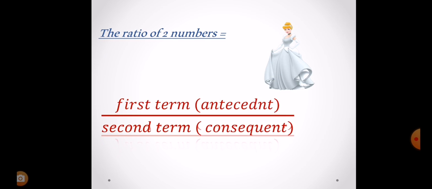The first must be first and the second must be second; we cannot swap them. The first term is also called the antecedent, and the second term is called the consequent. So the ratio of two numbers equals first term to second term, and the antecedent to the consequent. Excellent.